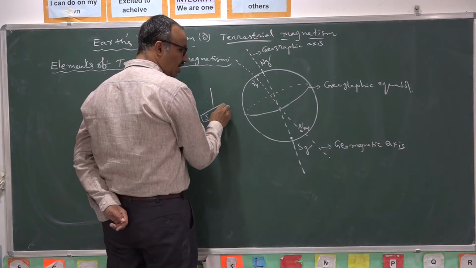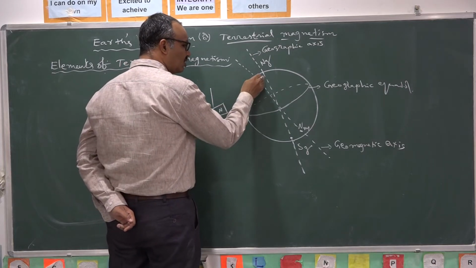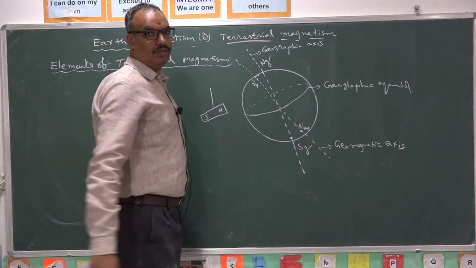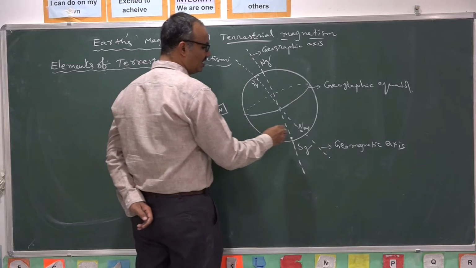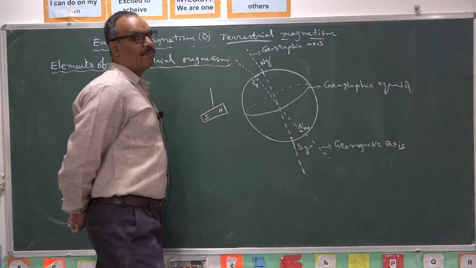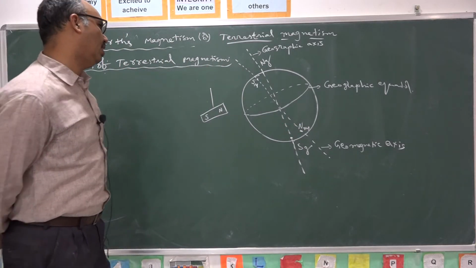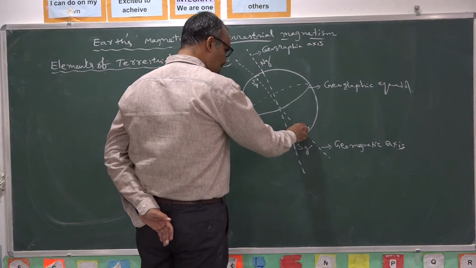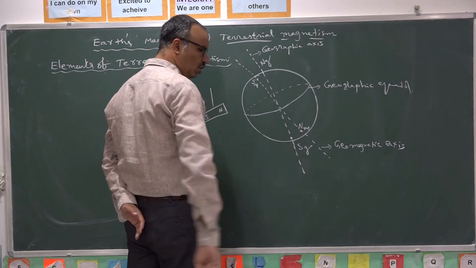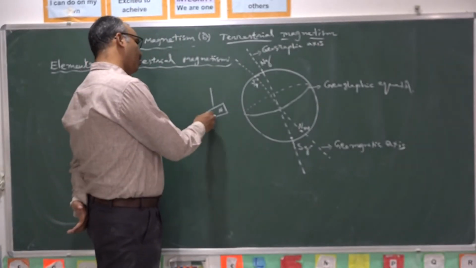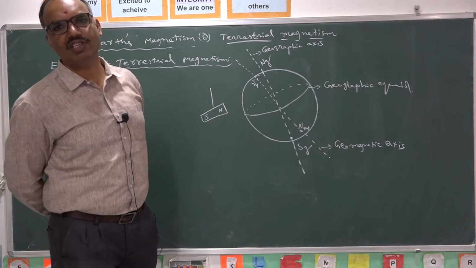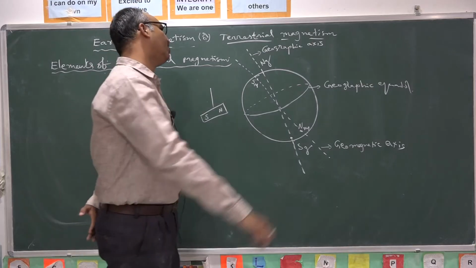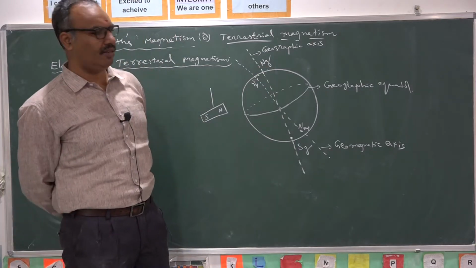The north pole of the suspended magnet is attracted by the south pole of the Earth magnet, and the south pole of the suspended magnet is attracted by the magnetic north pole of Earth. Hence, this south pole is tilted towards the Earth magnet's north pole, nothing but the geographic south pole. So, the south pole of our magnet is facing the geographic south of Earth, and the north pole of the bar magnet is facing the geographic north pole of Earth. That is the reason behind it.